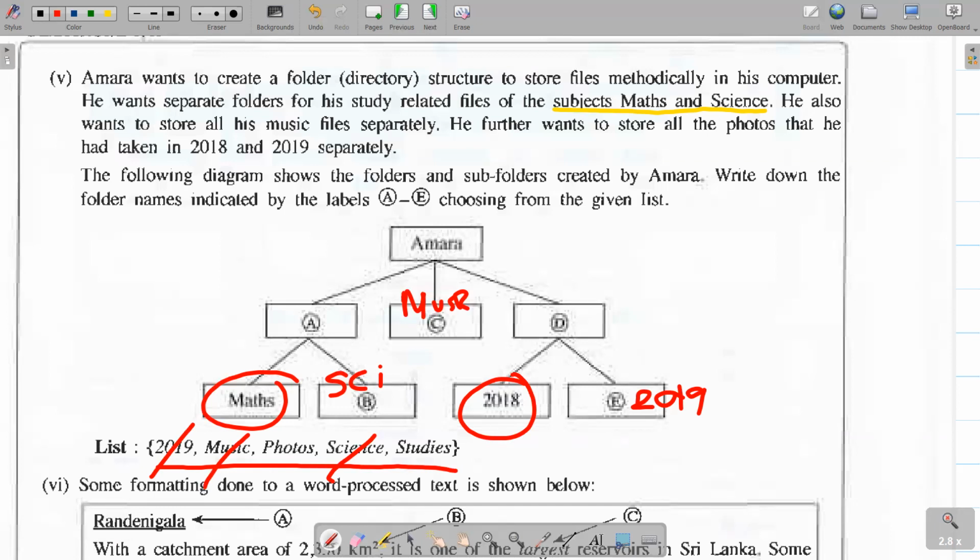This is the music folder. Right, so photos and studies. So A will become studies, and C will become photos. Right, so that's how the categorization should happen.